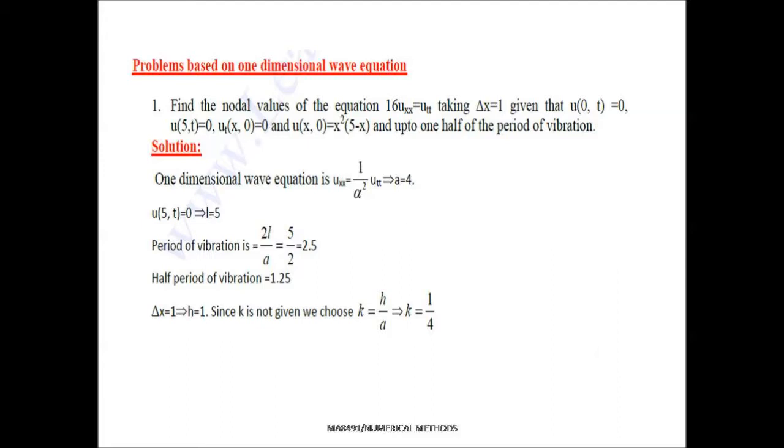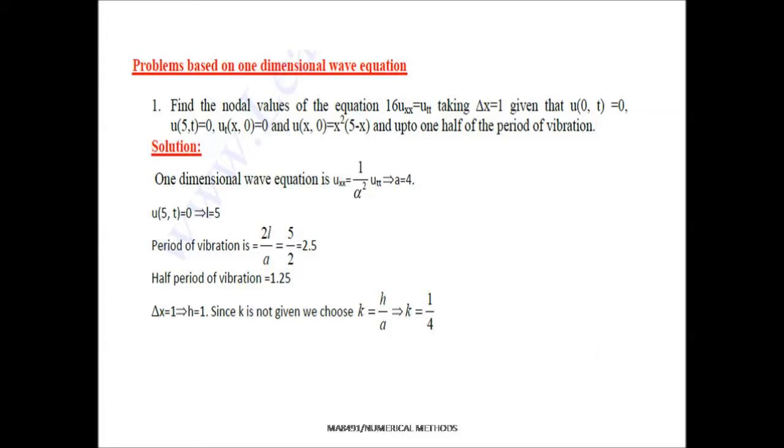To find your length you have to take your del x. Del x is equal to 1, that is, h is equal to 1. Therefore it is split into 5 equal parts, starting from u of 0 comma t to u of 5 comma t. Now we know that its length is L.